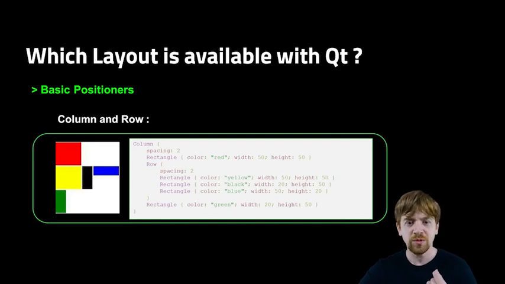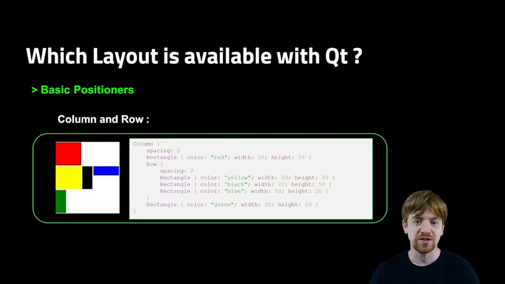But the thing with basic positioners is that they do not resize or scale items depending on the size. So you are always displaying everything at the same size, or you need to do your scalability yourself.